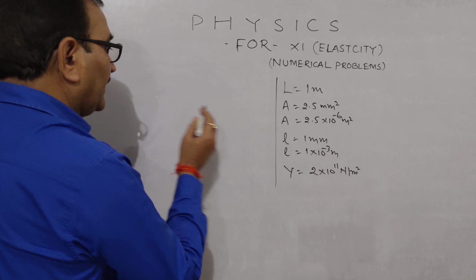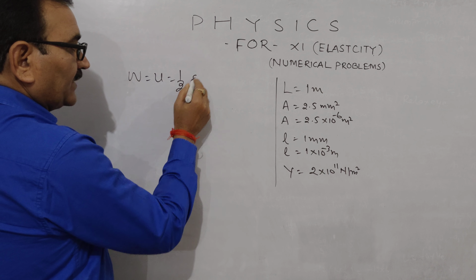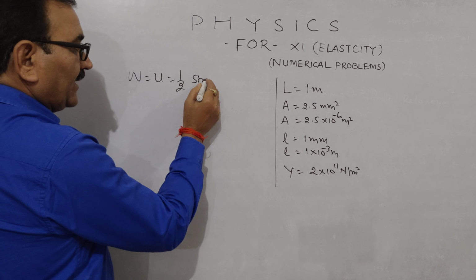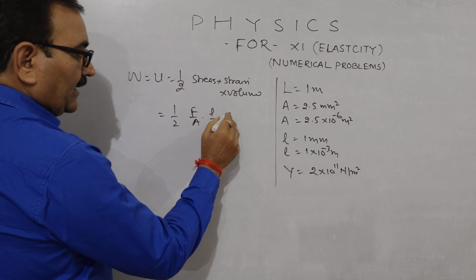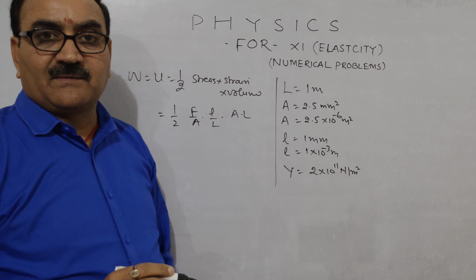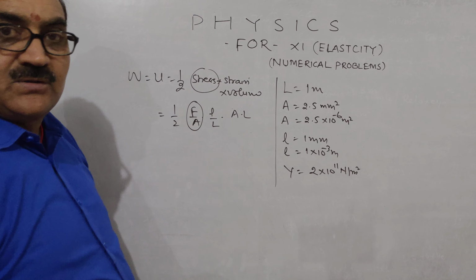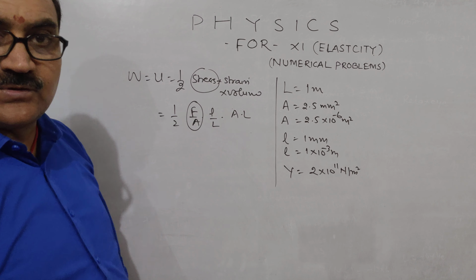Now see here, work done or energy is 1 upon 2, same formula, stress into strain into volume. Same repeat: 1 upon 2, F upon A, small l upon capital L, and volume A into L. Here force is not given, so here we will try to make this stress absent.